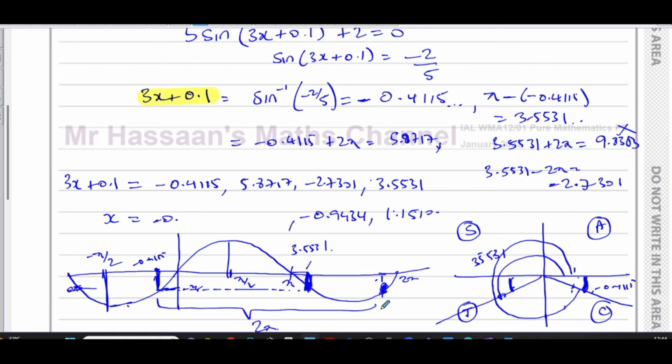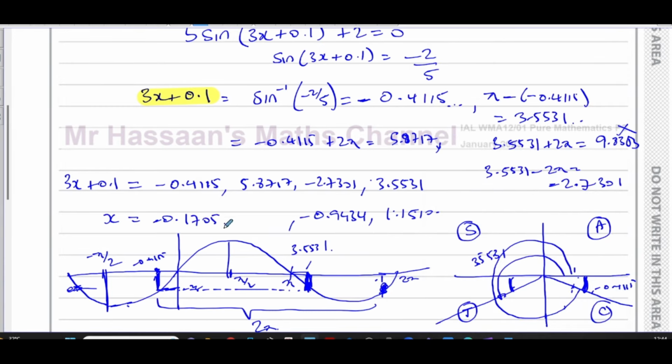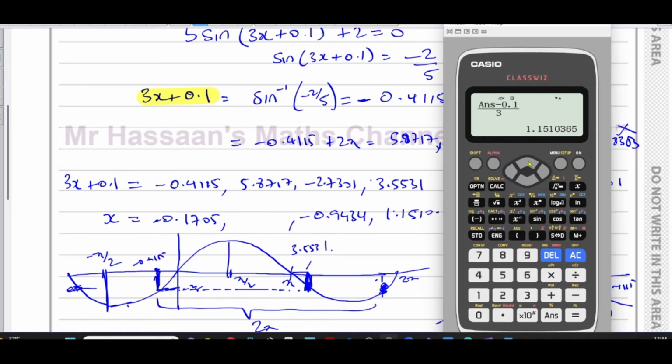Negative 0. What was it? 0.1705. And then this answer over here, which is 5.871. I'll store that as C. What am I doing?